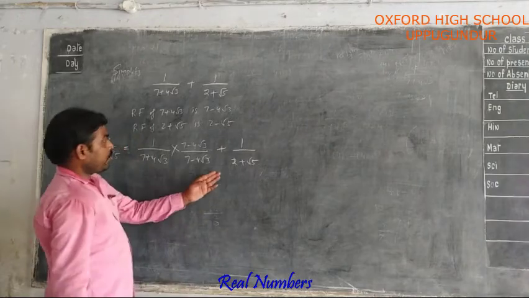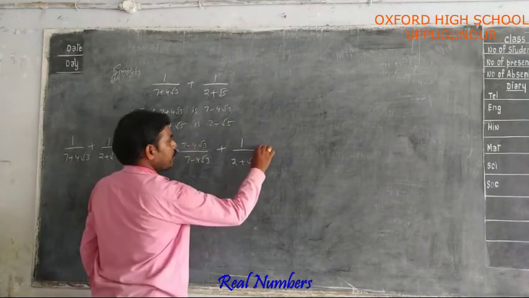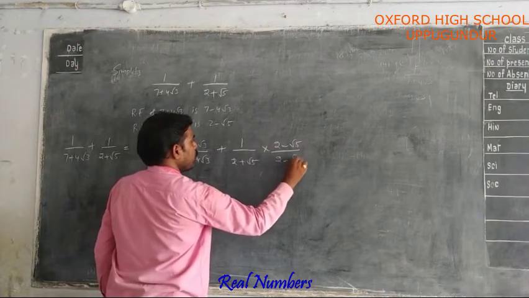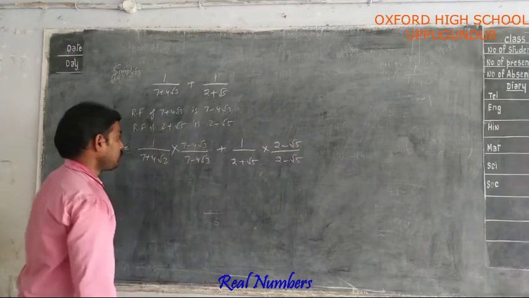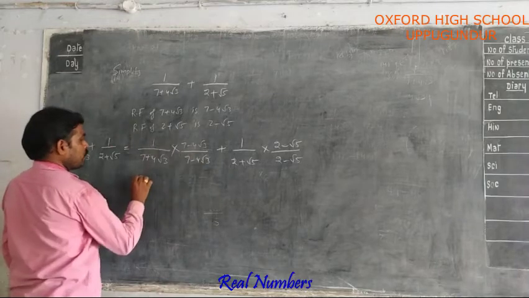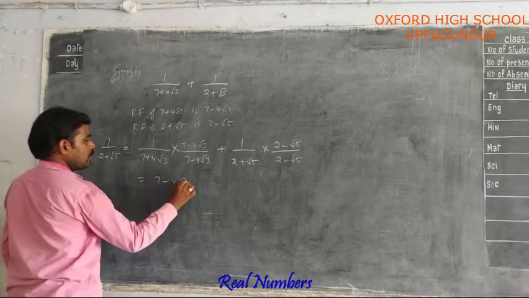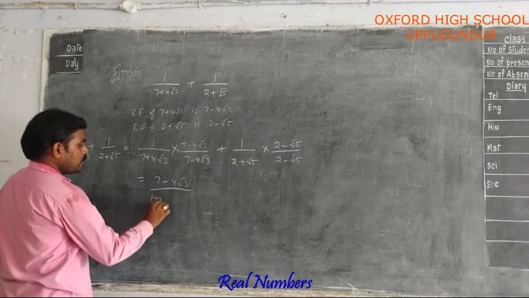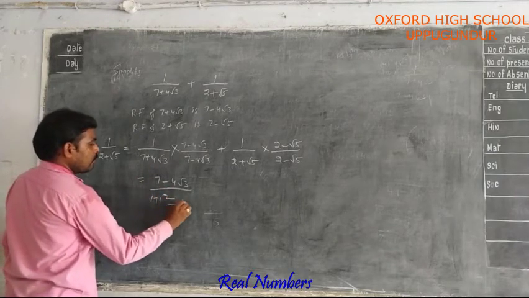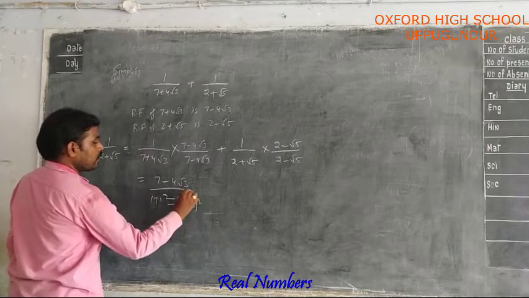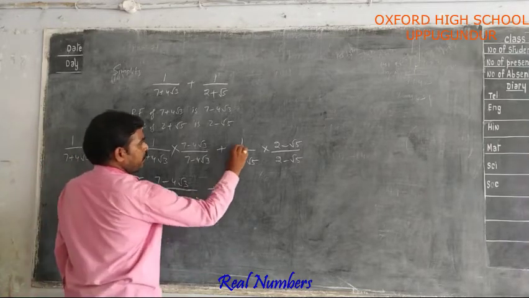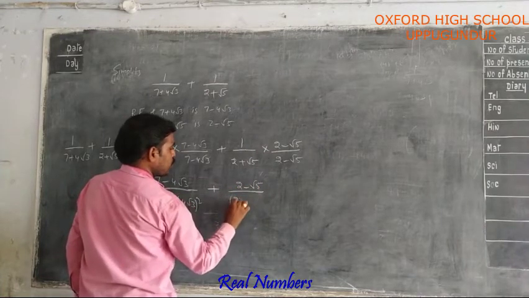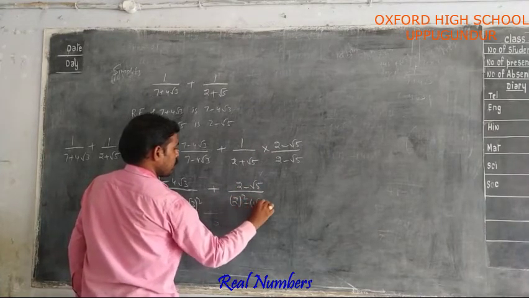For 2 plus root 5, the rationalizing factor is 2 minus root 5, so multiplying with 2 minus root 5 by 2 minus root 5. Now 1 into 7 minus 4 root 3, 7 minus 4 root 3, by the denominator in a plus b into a minus b form, 7 square minus 4 root 3 whole square. Plus 1 into 2 minus root 5, 2 minus root 5 by 2 square minus root 5 whole square.